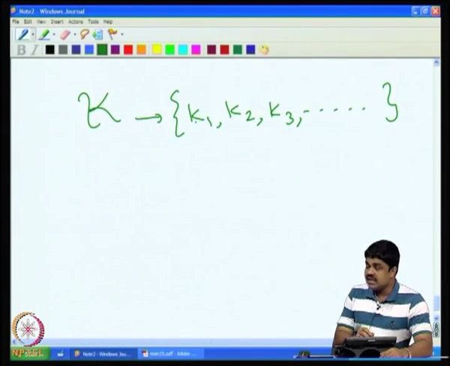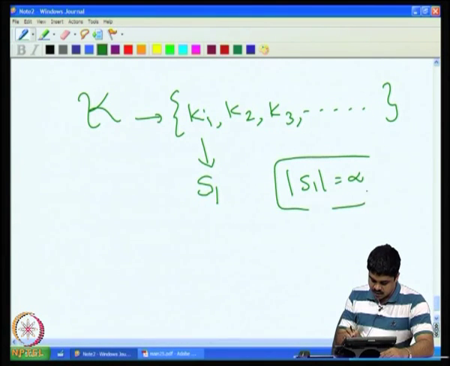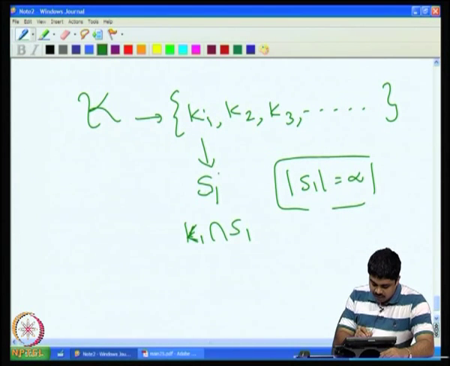This clique cannot cut all the independent sets of G. So there exists a maximum independent set S1 corresponding to K1, with cardinality of S1 equal to alpha. Moreover, K1 intersection S1 will be empty, because there should be at least one maximum independent set which it cannot cut.